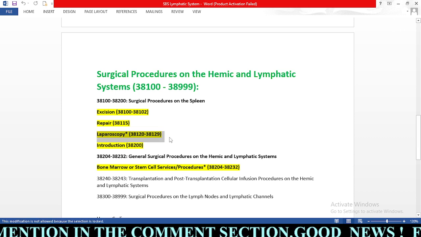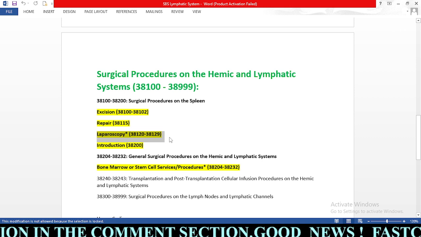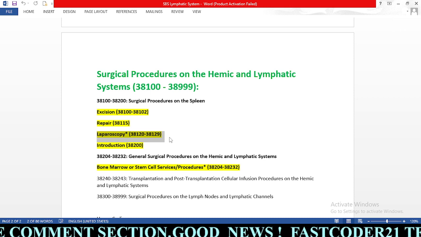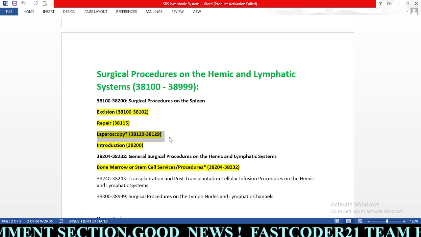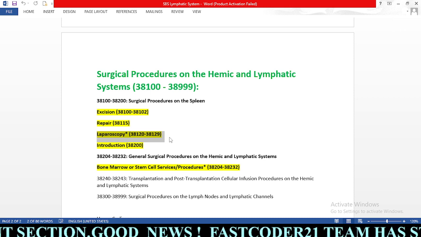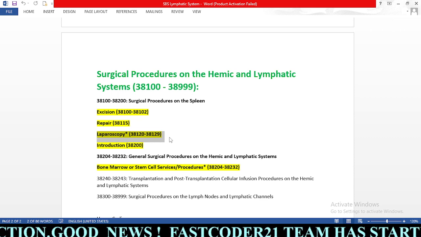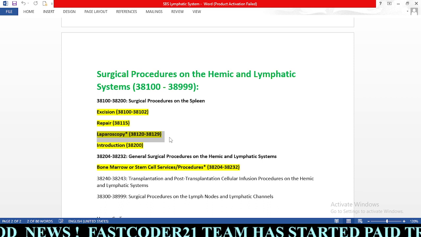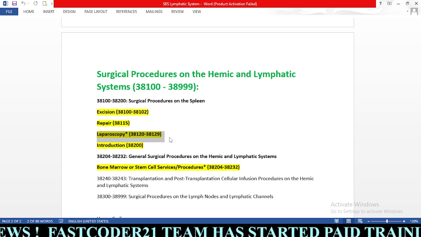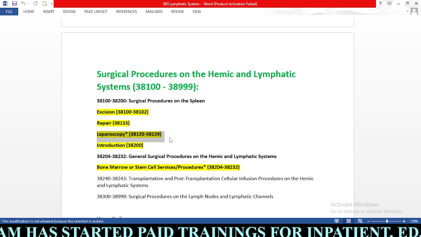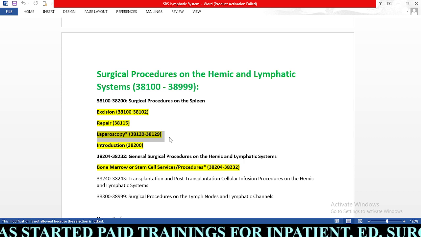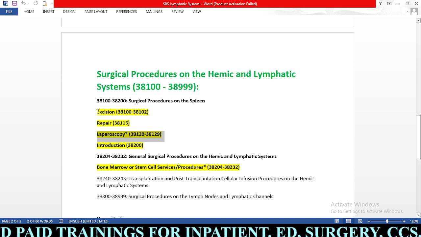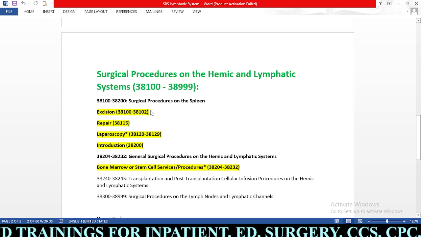Under laparoscopy we have only two codes. As usual, we have one important guideline here: surgical laparoscopy always includes diagnostic laparoscopy. So if the physician performs surgical laparoscopy as well as diagnostic laparoscopy, we need to code only surgical laparoscopy. Previously we learned the excision section, where without any endoscopy the physician will remove the spleen.